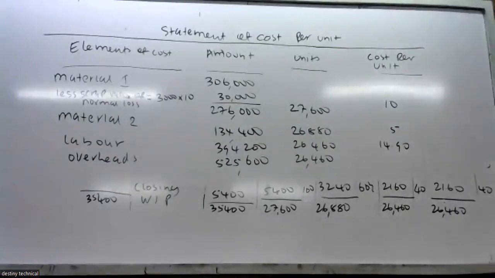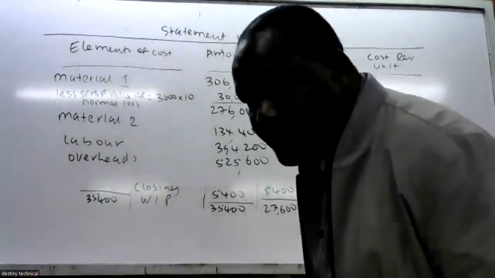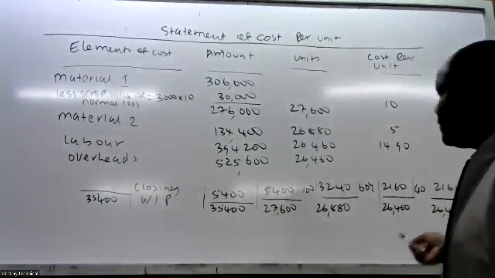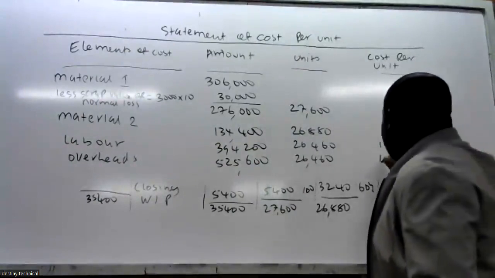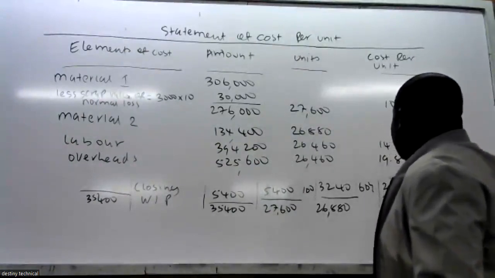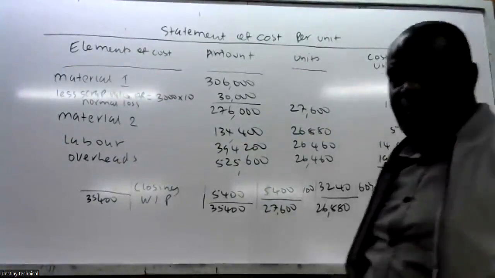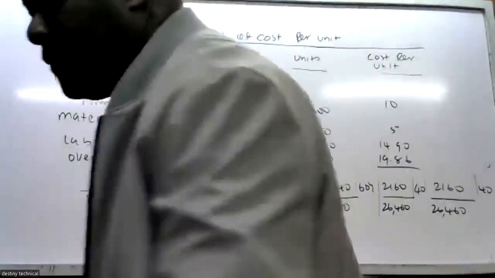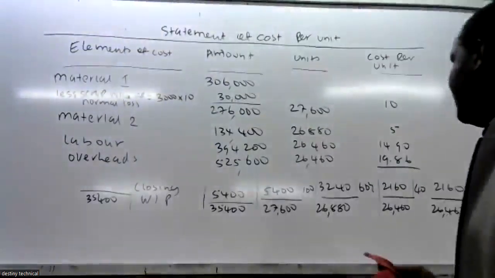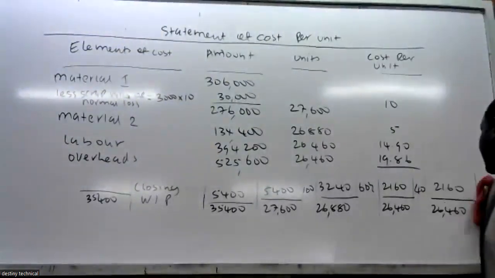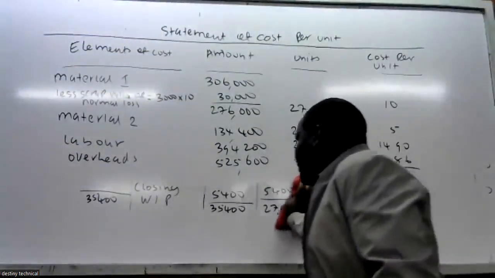So that one should give you which value? Then you can add them together to give you the cost.